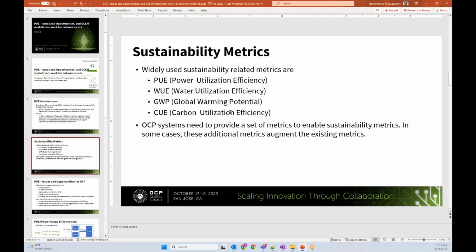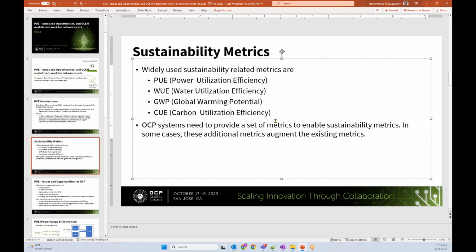So these are the 4 things that we want to figure out some augmentation on the OCP side: PUE, WUE, GWP, and CUE. For each one, I think we discussed there is improvement that can be made, and we want to align on certain items for each. And today we want to focus on the PUE side.